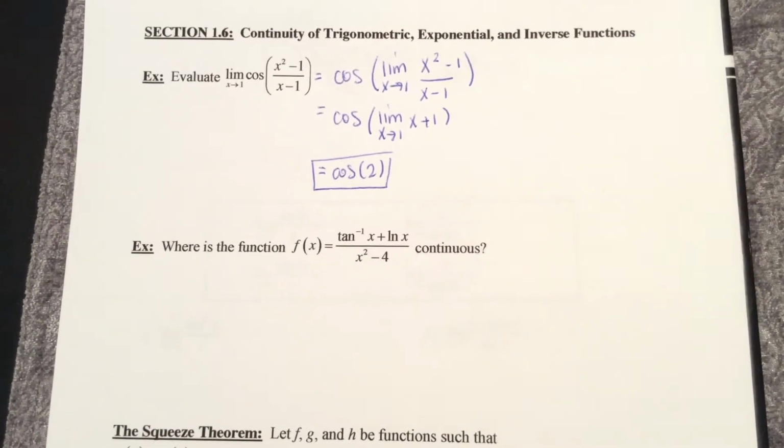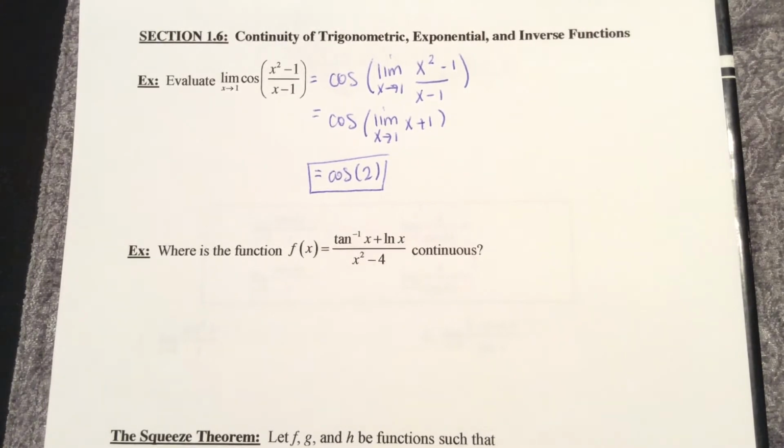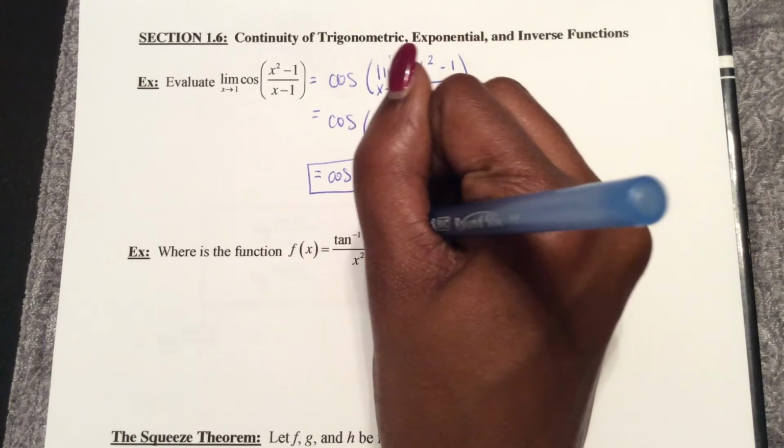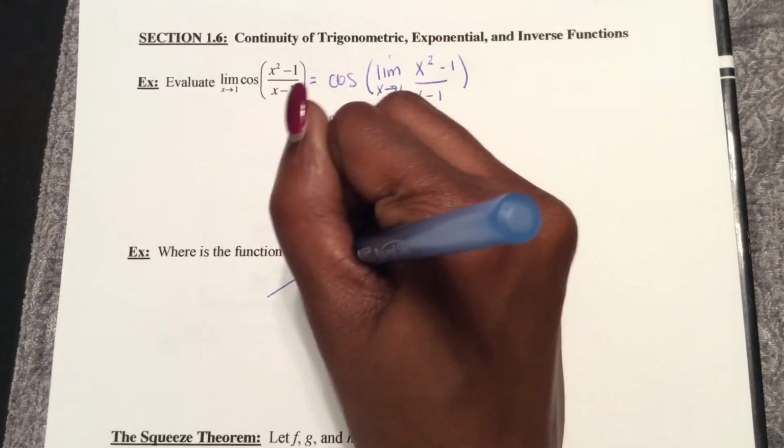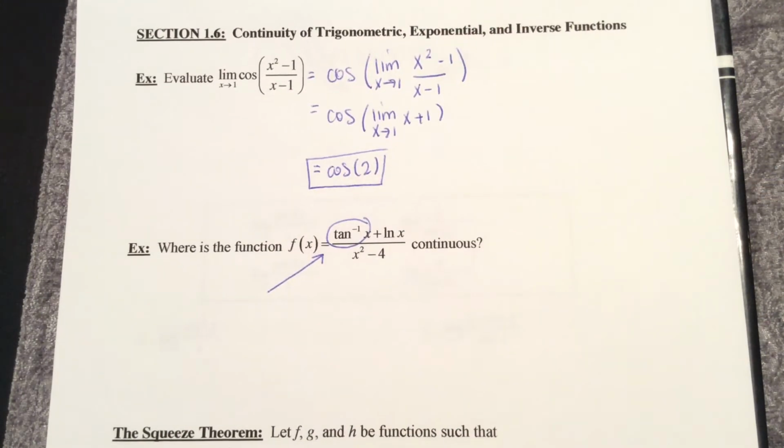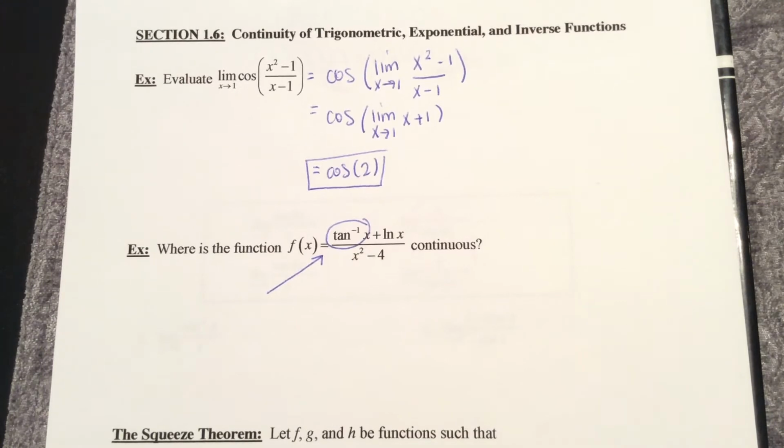Now, where is this function, f of x, continuous? We need to look at this as a composition of functions and think of the domains that would restrict this rational expression. First, let's look at tangent inverse.